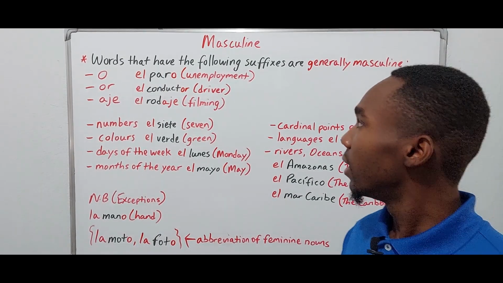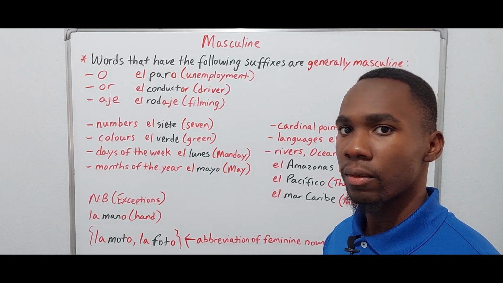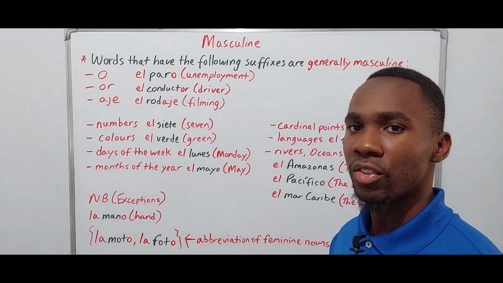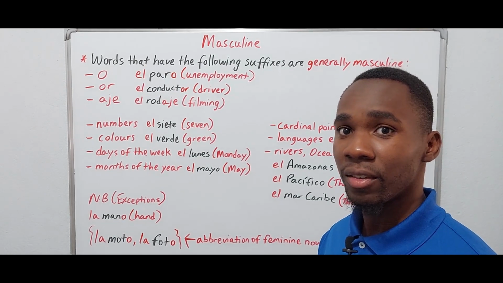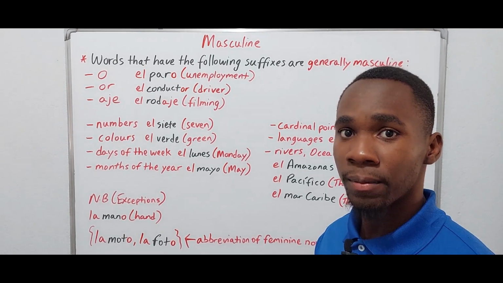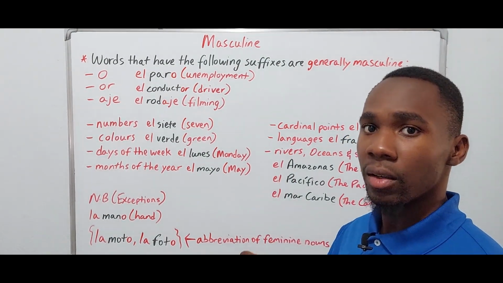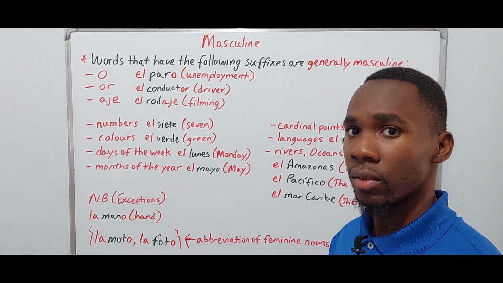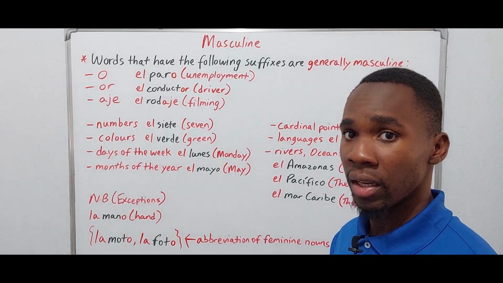All right. So if every noun in Spanish has a gender, well, the obvious question is going to be, how do we know which gender the noun is, right? So generally we can observe the suffix of the word in order to determine which gender the word belongs to, right?